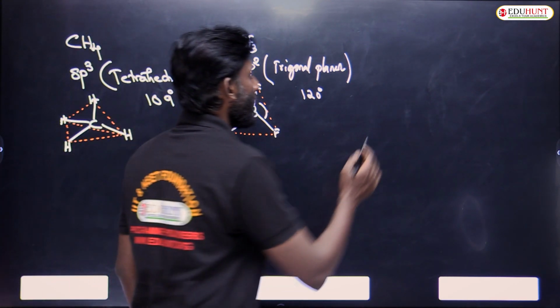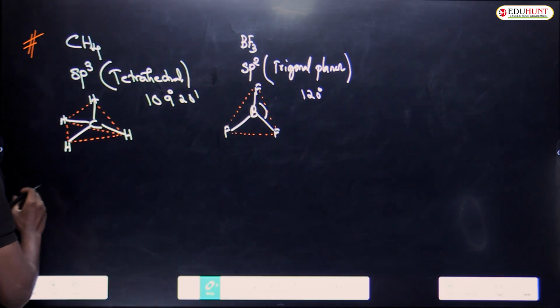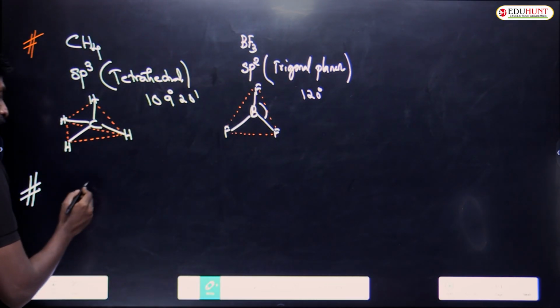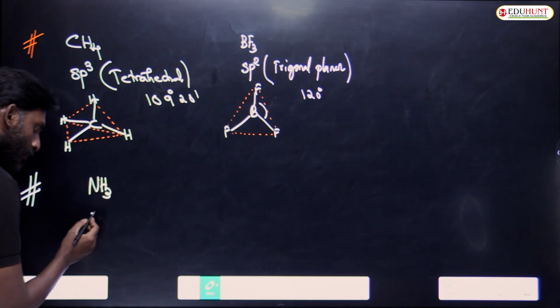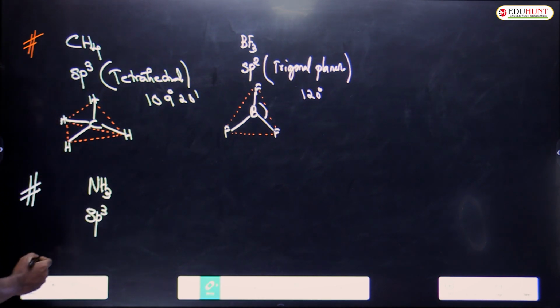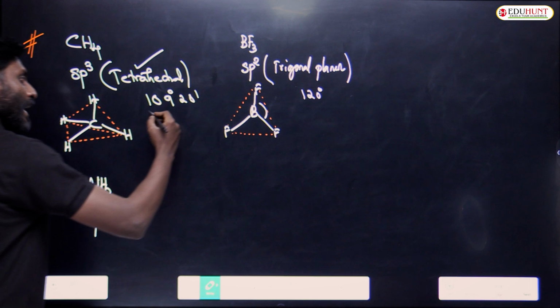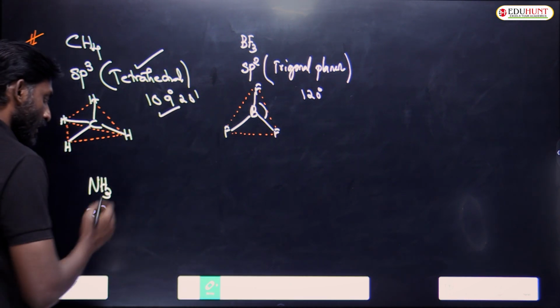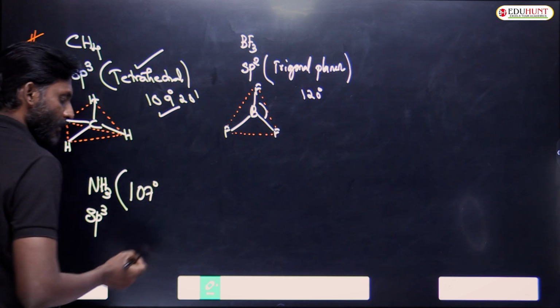For suppose, in the same way as methane, if you take the NH3 molecule and you determine the hybridization of the central atom, it comes out to be sp3 like this only. So the geometry has to be tetrahedral. Bond angle has to be 109. But in the case of ammonia, the bond angle is found to be 107 degrees.